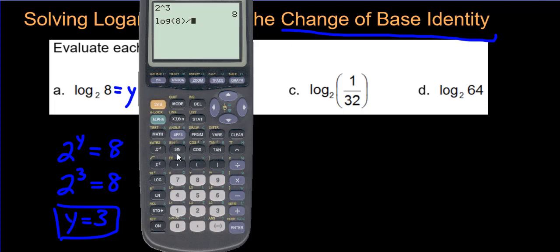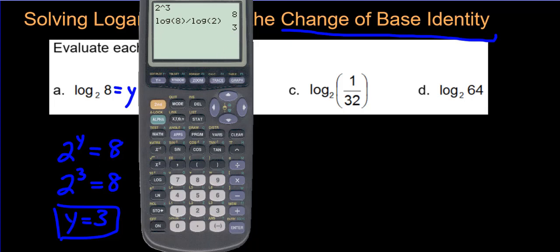Where did my log button go? I'm sure you're telling me, but I can't hear you. There it is. Okay, thank you. Check this out. It tells you that the exponent would be 3. Isn't that amazing? I don't know if it's as amazing as if I would have waited to tell you, but I've just shown you. And suddenly, we know the exponent. The exponent was supposed to be 3, or y equals 3 in this case.